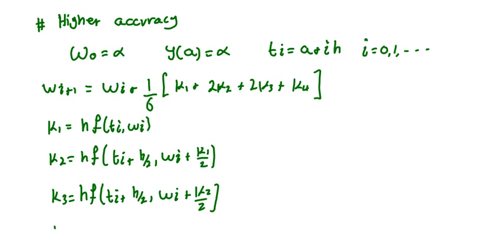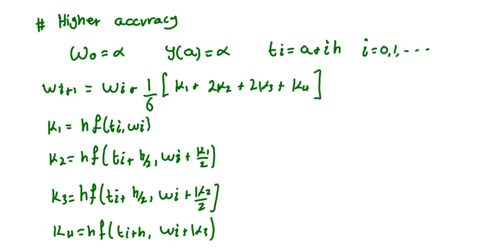Then our k4 is equal to h times f of ti plus h comma wi plus k3, like that. On that part we don't divide by 2.